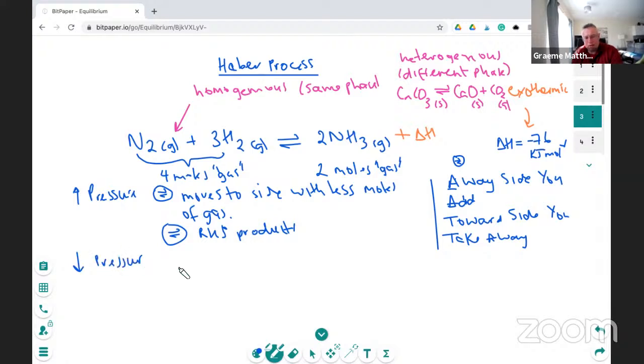The equilibrium position would move to the left-hand side, the reactants, because you have fewer moles of gas on the left-hand side. So the pressure one is kind of standard, all right?